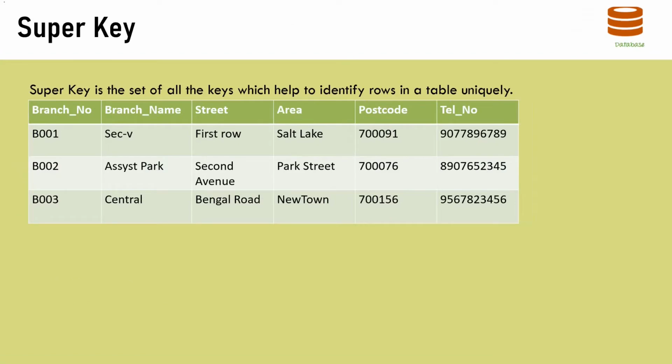Now, what is super key? Super key is the set of all attributes which help us to uniquely identify a row in a table. Now consider branch table. I have taken the same example throughout my lecture so that you can relate different concepts. Branch number can uniquely identify any row in this table.